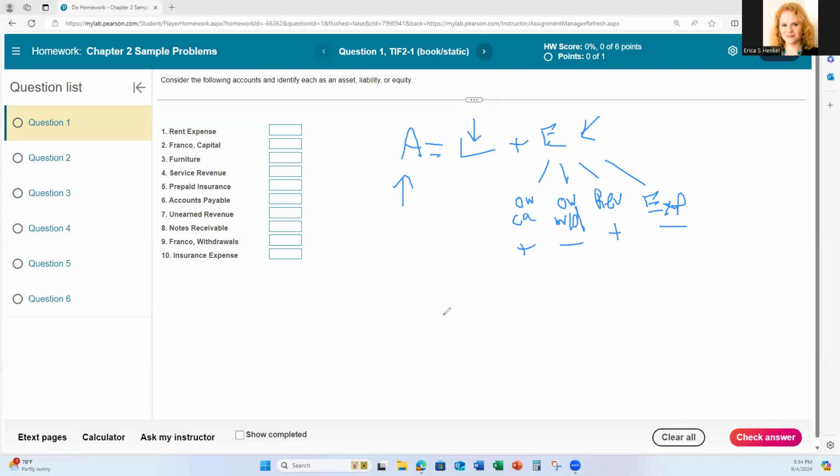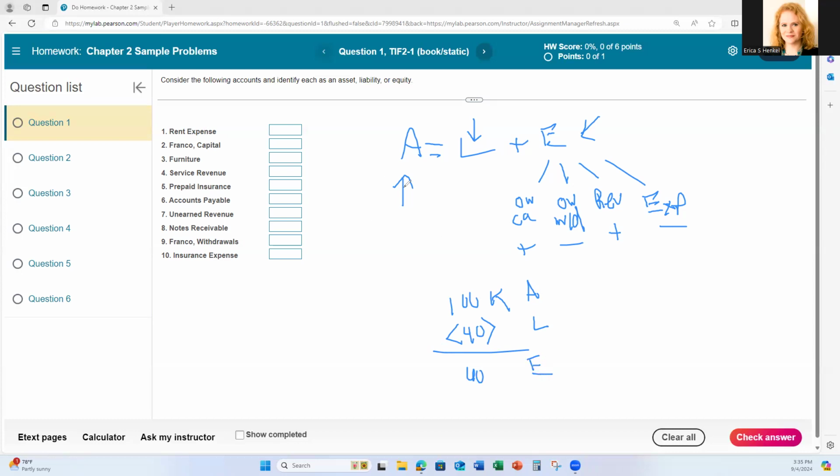So if we have like $100,000 in assets and we owe 40,000 in liabilities to various vendors, the government maybe, etc., then that means that what we actually own of those $100,000 in assets is the remaining 60,000, which would be equity.